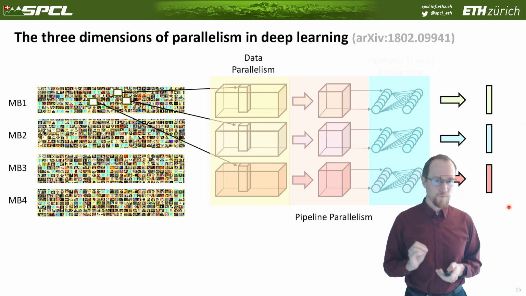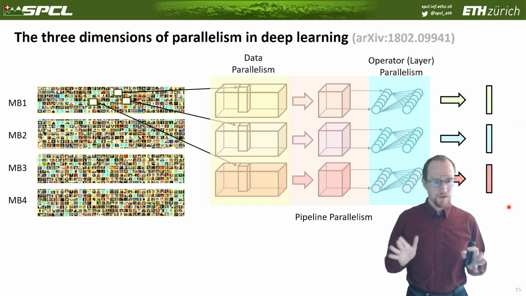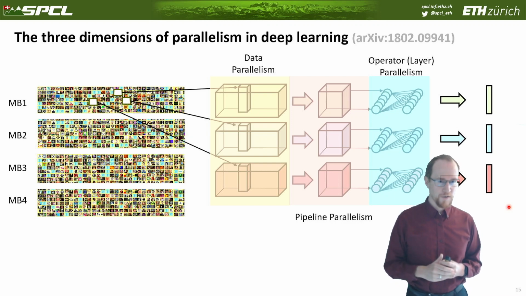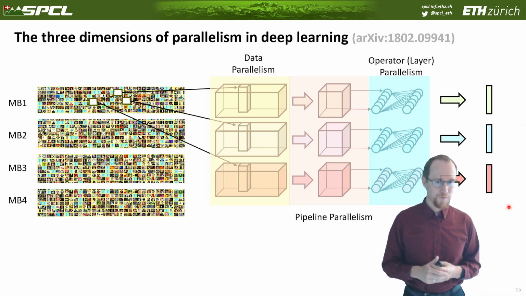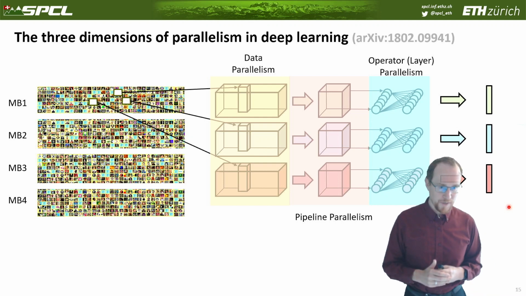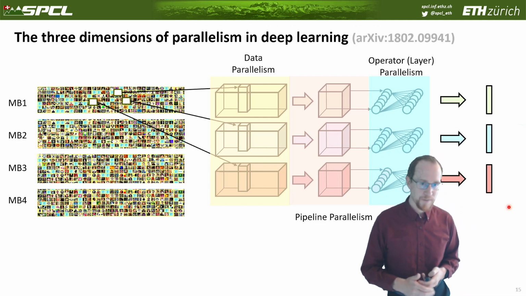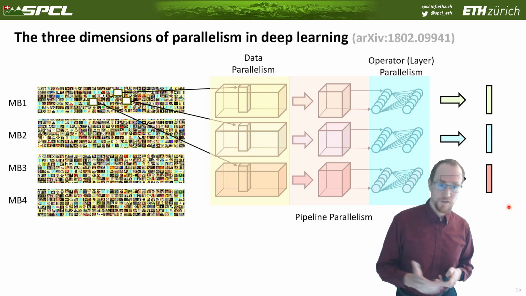There is a third form of parallelism, which is the operator, or sometimes called layer parallelism. Layer parallelism is a bit confusing. I prefer the term operator parallelism because, to me, pipeline parallelism is also some form of operator parallelism. By the way, these two forms, pipeline as well as operator parallelism, are sometimes called model parallelism because those parallelize the model. But now back to operator parallelism. What does operator parallelism do?